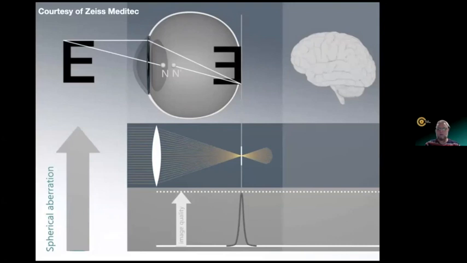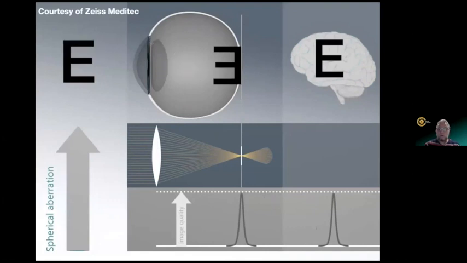All right? Now, what's the importance of depth of focus? Now look at this video. If the eye has no depth of focus and no spherical aberration, and let's assume that this eye is emmetropic and the letter is at infinity or 5 meters, for example, then it will be a very sharp image on the retina and a very sharp image in the brain.